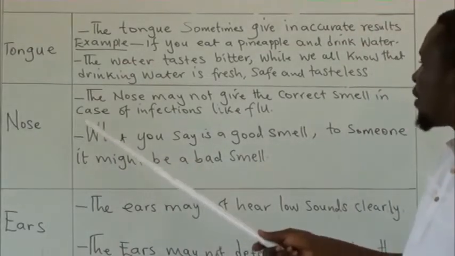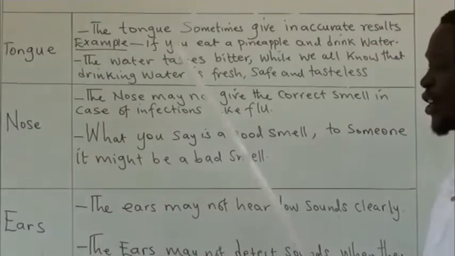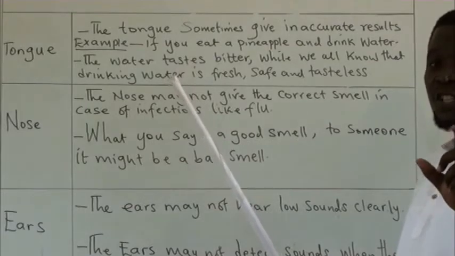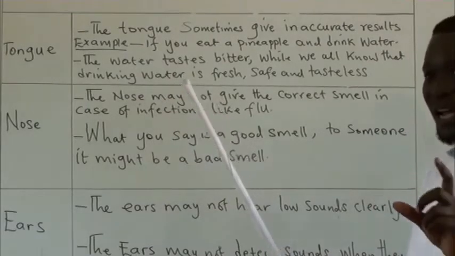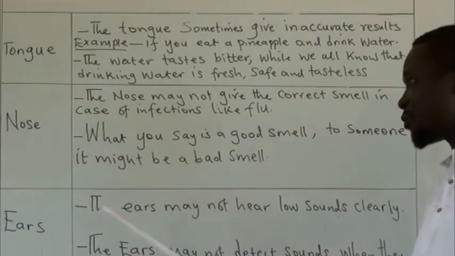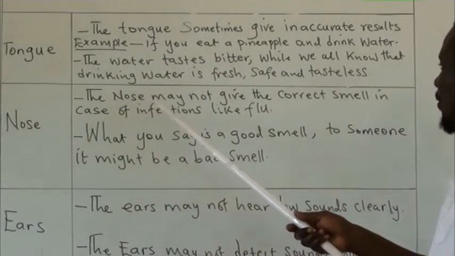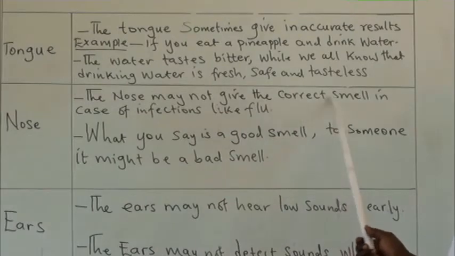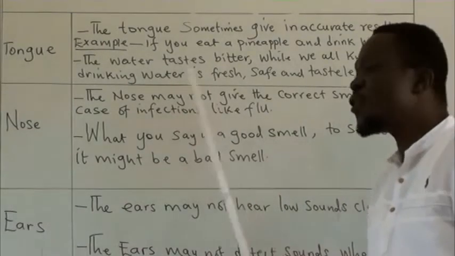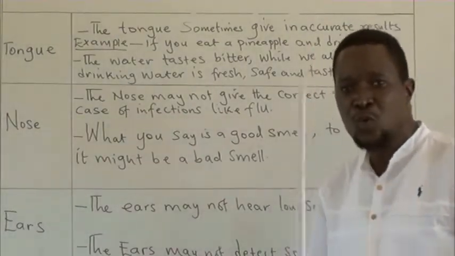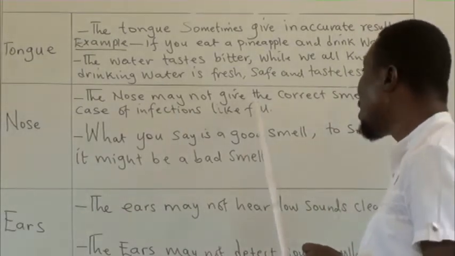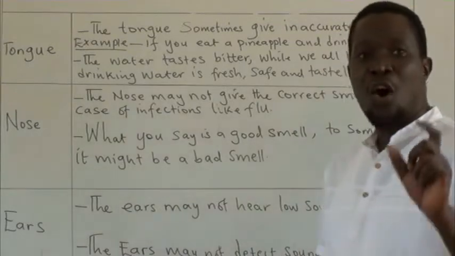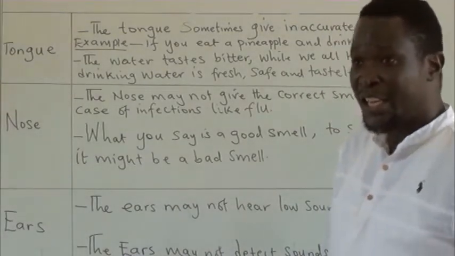The limitation of the nose. The nose is a sensory organ for smelling, right? You can smell something sweet, you can smell something bad, right? Now, the nose may not give the correct smell in case of infections like flu. If you have flu, your nose will not give you the correct smell of what is happening in your environment.